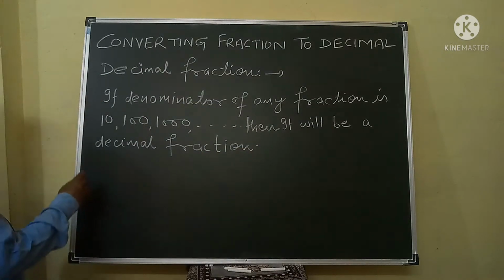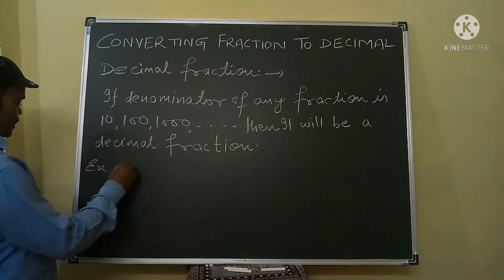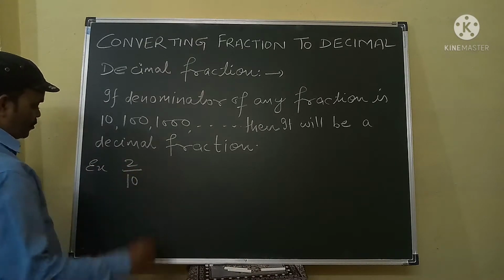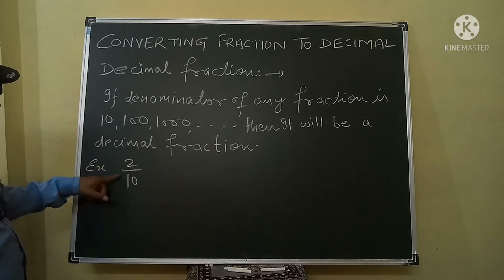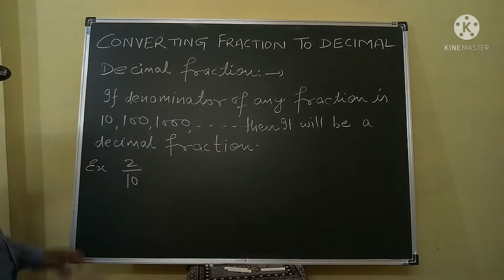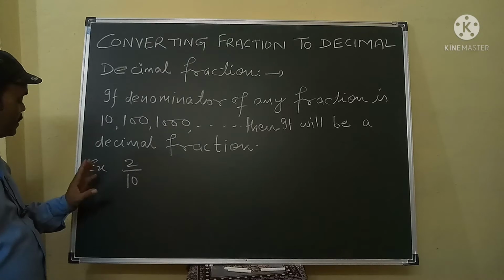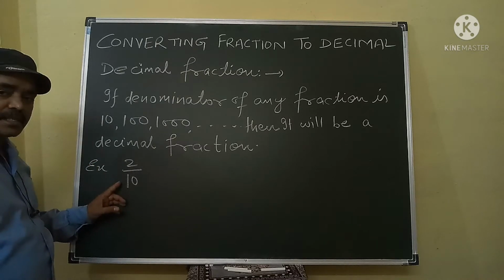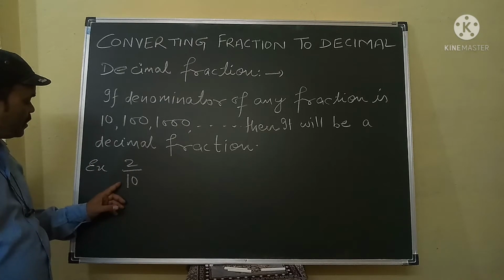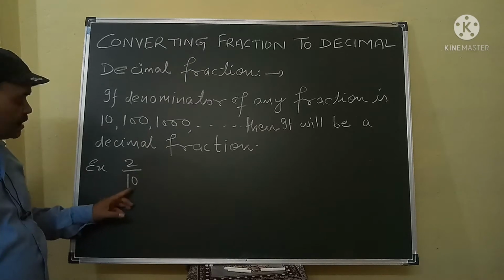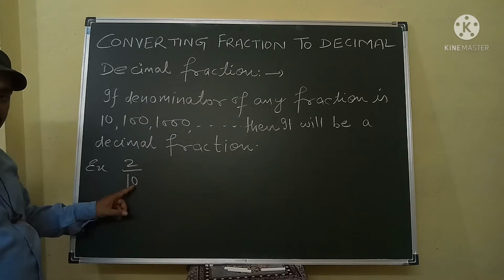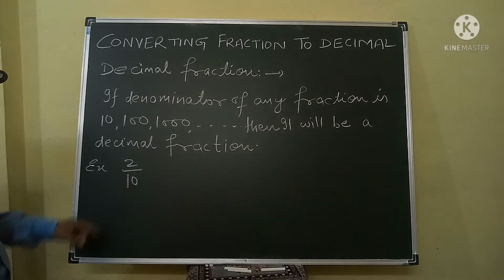Suppose for example this is 2 upon 10. As you know very well, in 2 upon 10 the denominator is 10. Now in 10, the number of 0 is 1.